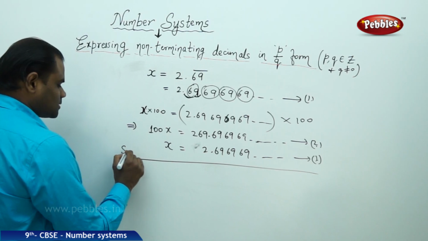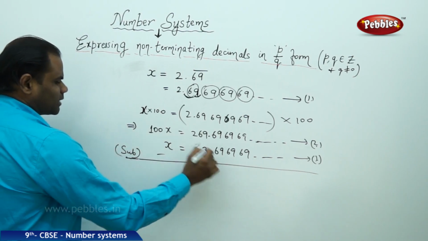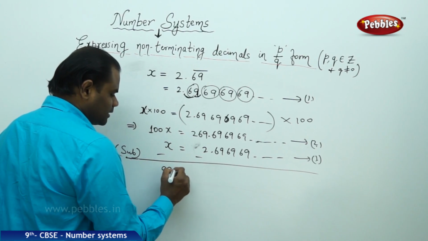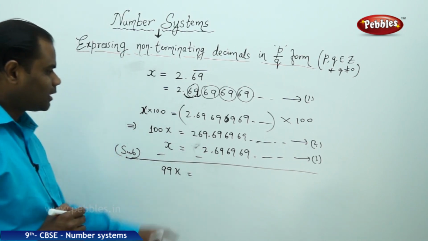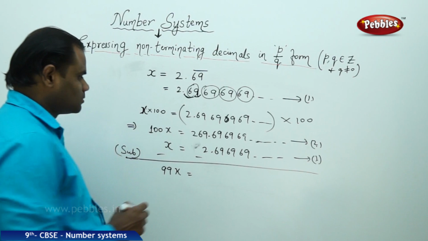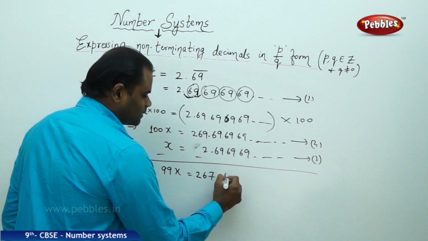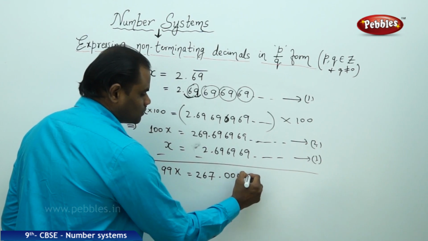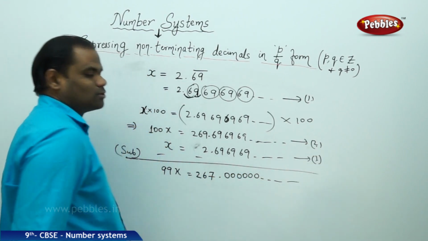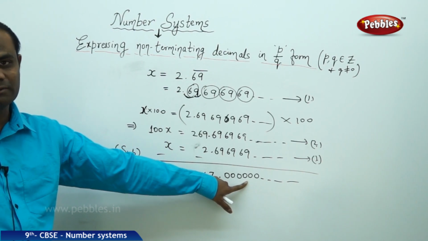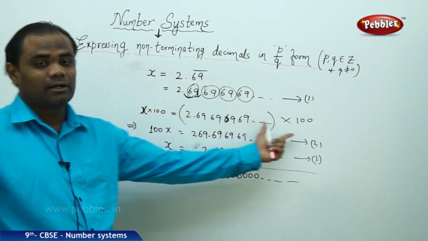So my next step is to subtract, so that 100x minus x is 99x, and 269 minus 2 is 267.69000000, and so on, which is how the decimal part vanishes when we subtract after multiplying by 100 on both sides.